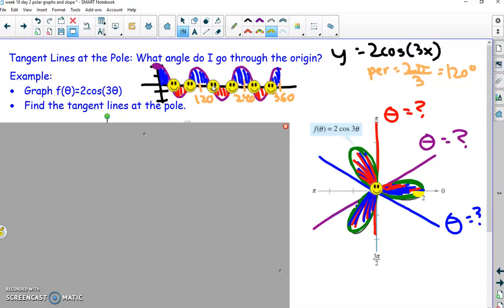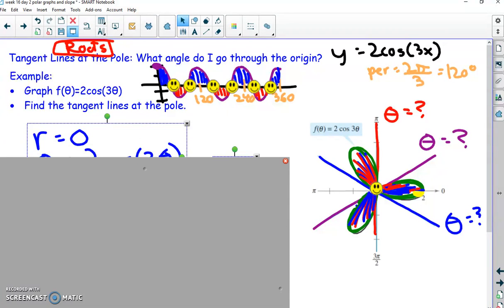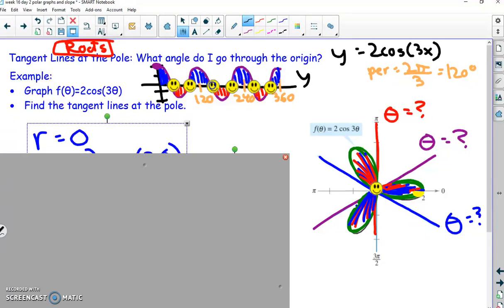Luckily the math is you set equal to 0 and solve. It's like finding roots. And maybe there's some good metaphor I can talk about with the rose petals and roses and the roots of the flowers. I'll work on that later. All I do is I set the radius equal to 0, or up here you can set y equal to 0.